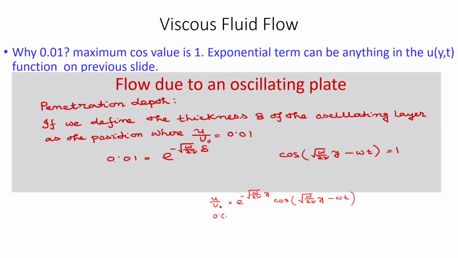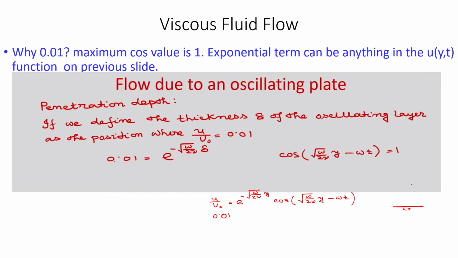Okay, and now the next question is that the maximum cos value is 1, while the exponential term can be anything in the u(y,t) function on the previous slide. So you can see that when you are defining the penetration depth, this is your Stokes second problem. This is the plate, it is oscillating like this, and you have a stationary medium.